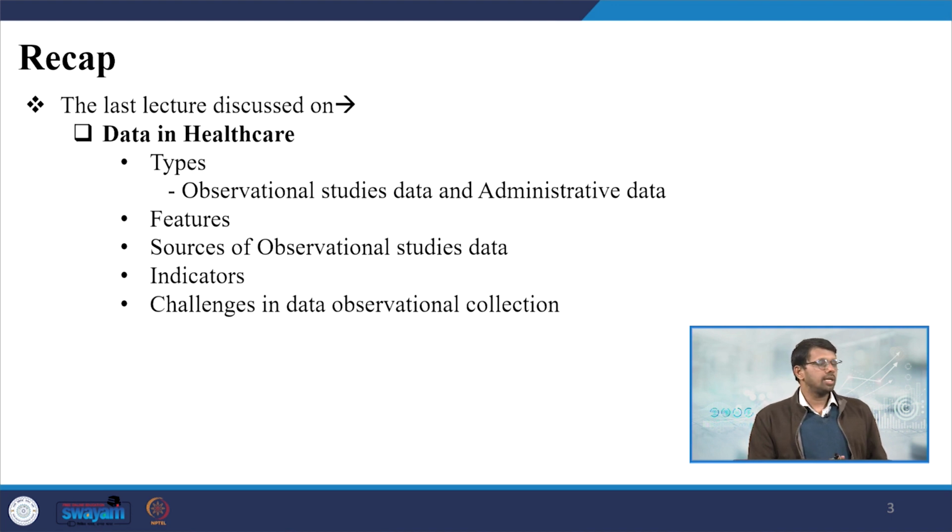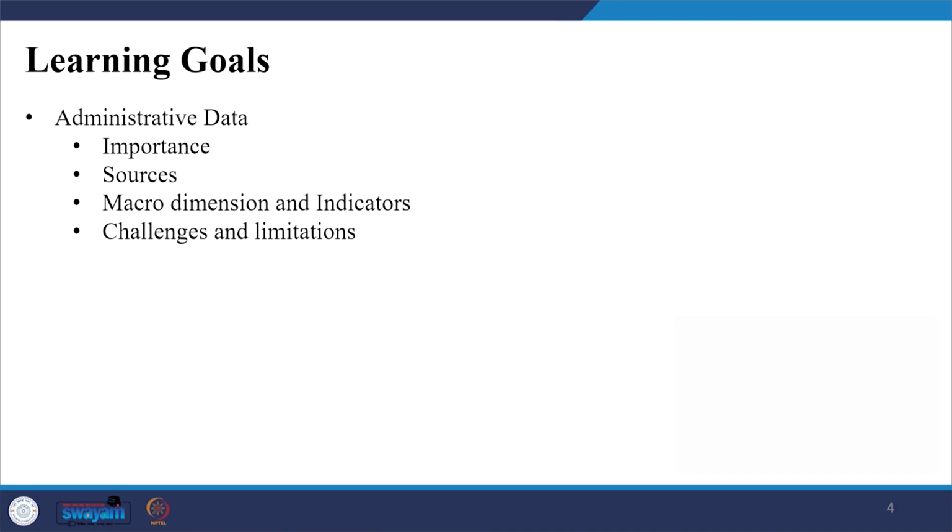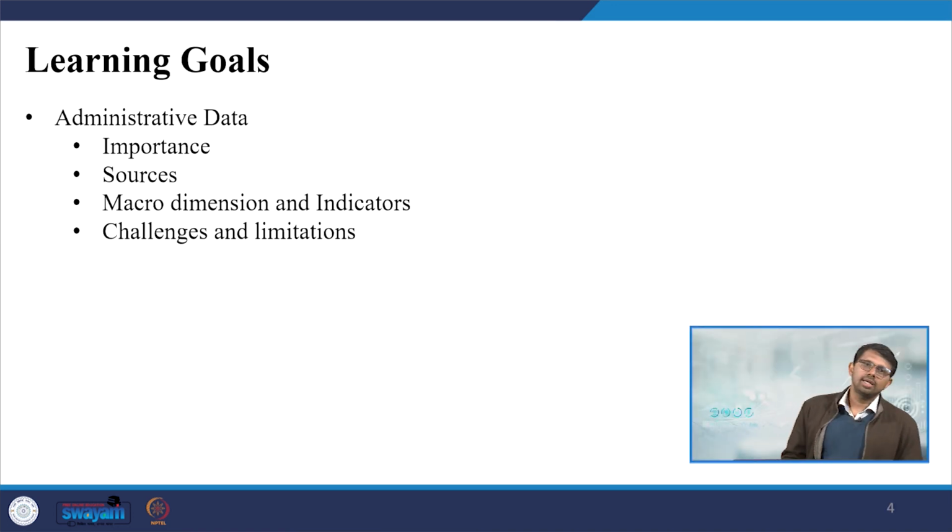At the very disaggregated level, we have survey data, both qualitative and quantitative. So, this is what we discussed previously. Right now, our focus is on administrative data. We will focus on important sources, macro dimensions and indicators, their challenges and limitations.